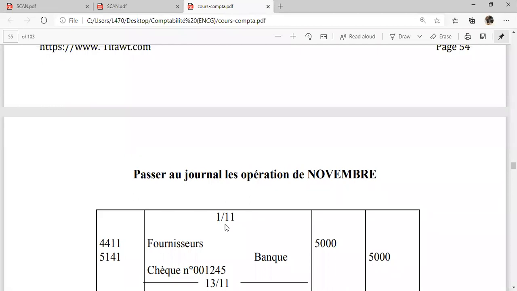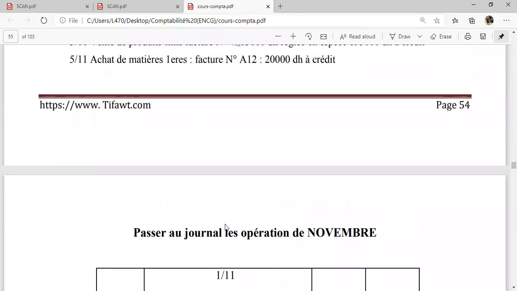And like I said, the debit account should always be written closer to the first column, and the credit one should start from the middle of this libellé box. And bank, because we lost a sum of money of 5,000, so we're going to credit the compte for bank. So that's it for our first question.